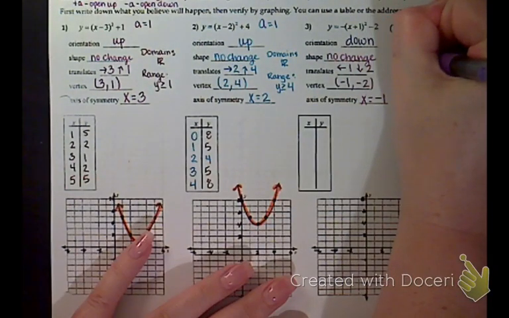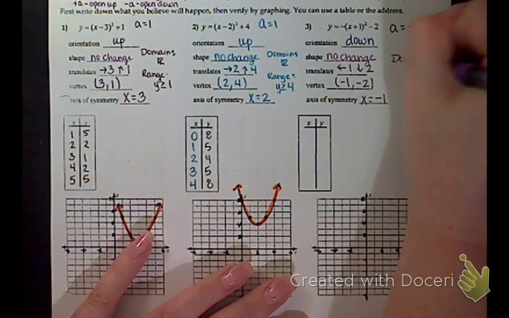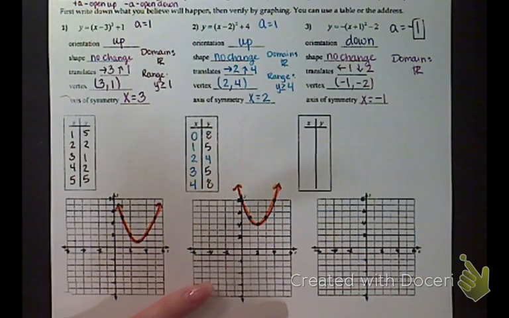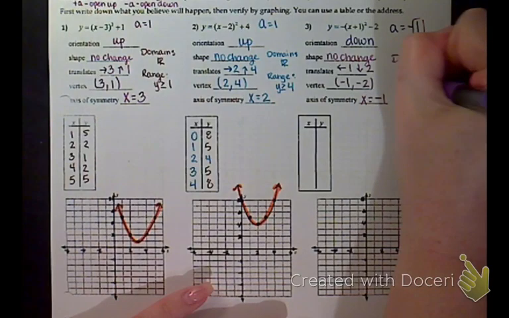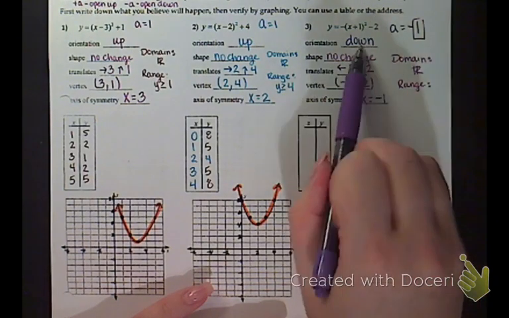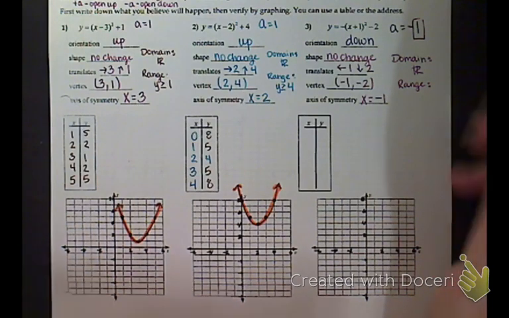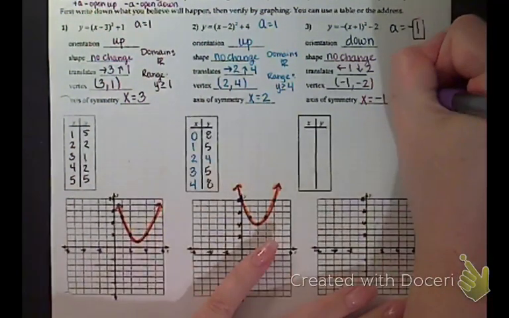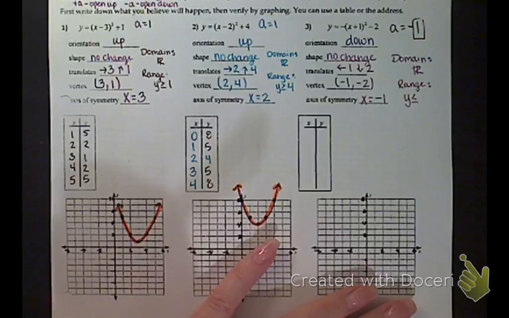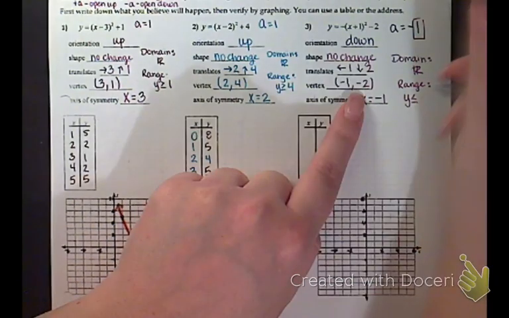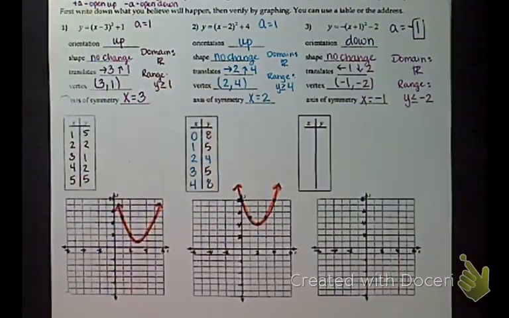The domain is always all real numbers. And the range, now in this case my graph is facing down, which means I have a high point, right? And everything gets lower or decreases. So it's y is less than or equal to the y value of my vertex, which is negative 2.